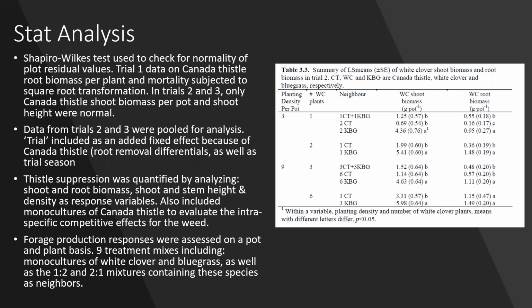But overall, the higher concentration of white clover, even with Canada thistle, but also with Kentucky bluegrass, had the highest shoot biomass production.